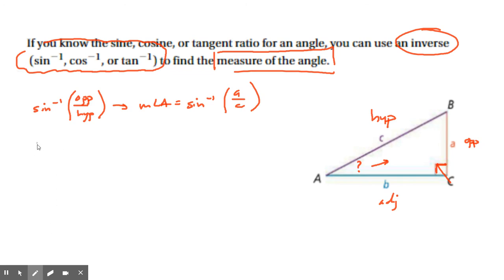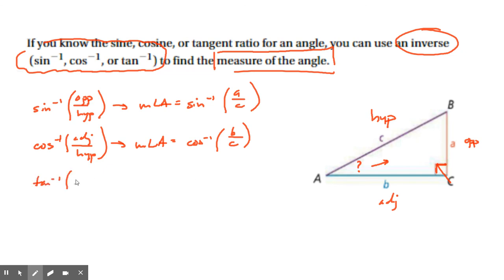Now, say I was given the adjacent and the hypotenuse. Well, to find angle A, I'd have to use inverse cosine, because if I'm given the adjacent and hypotenuse, I would use the inverse cosine of those two sides, which from our picture would be B over C. And say I knew the opposite and the adjacent, well, then I'd have to use inverse tangent to find angle A, because tangent is opposite over adjacent.